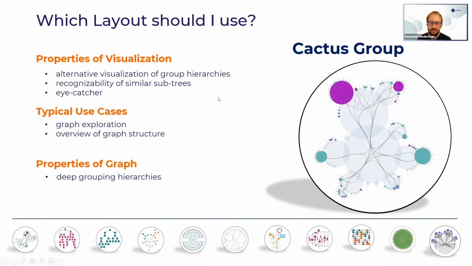And this is the entire graph then, with this deep grouping structure. On the one hand, it's a really nice eye catcher, but it also gives you an impression of how the groups look and how the hierarchy of this grouping structure looks.